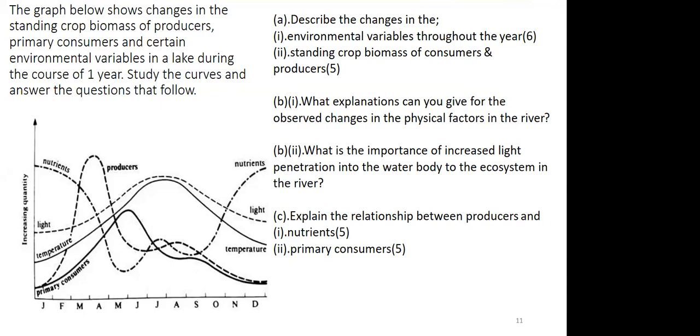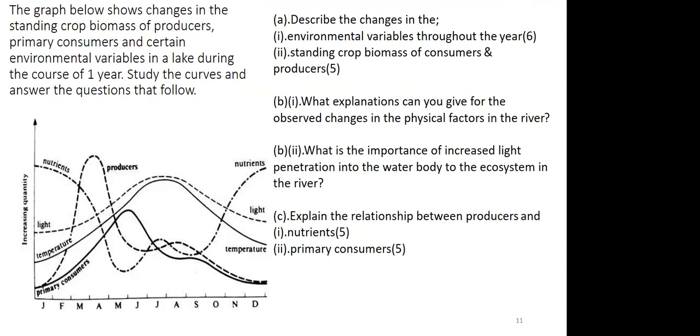Okay, teacher, you asked this as the first question of describing the changes in the environmental variables. So, like I said, the environmental variables are light and temperature. For light, from January to, I think, mid-March, the light increases gradually.